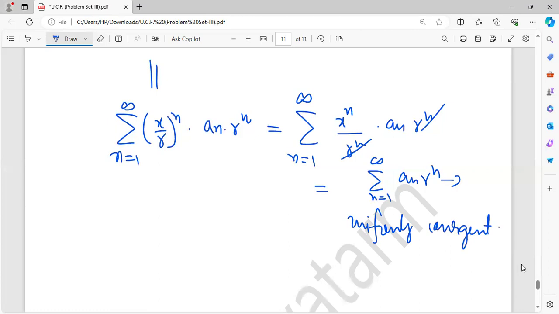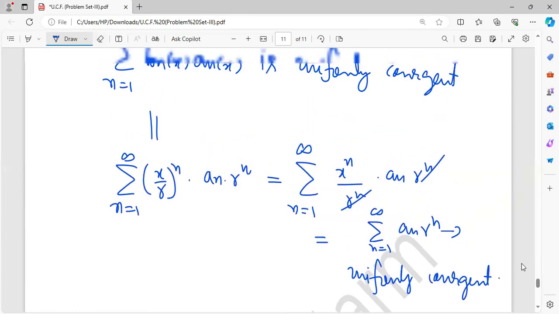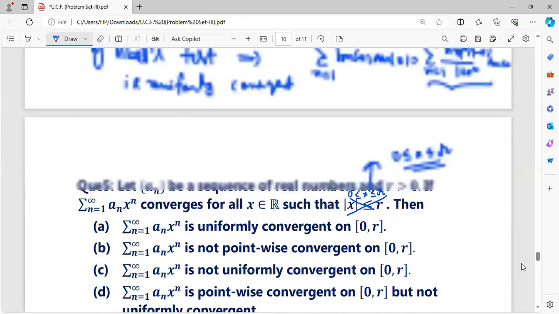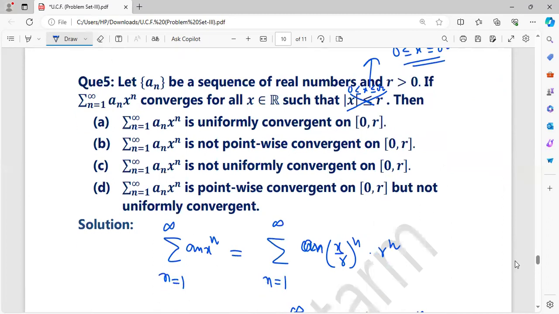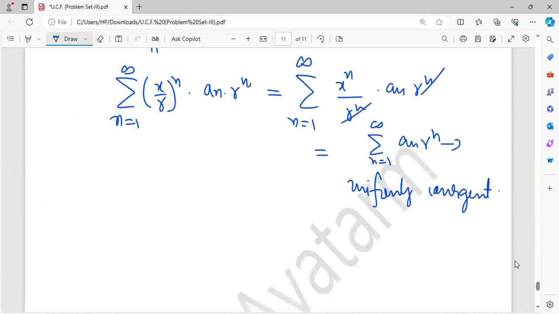Okay, so which option is correct? Sorry, it is x to the power n, not r at the end. I miswrote it.